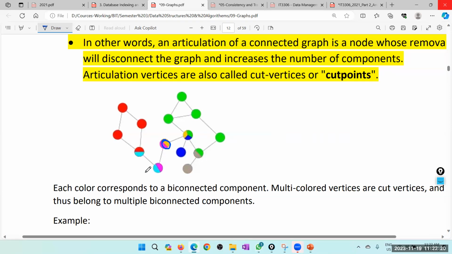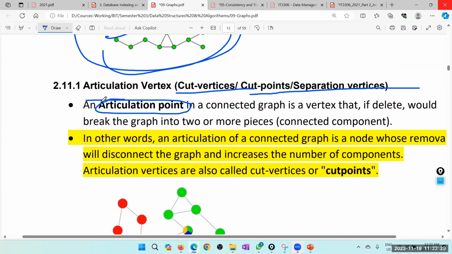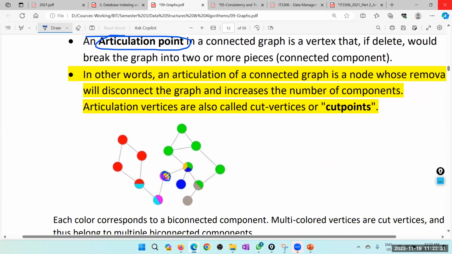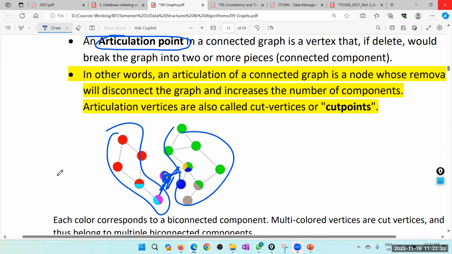So your graph becomes two components. Those types of vertices are called cut points or articulation points. For example, if you remove this, this edge and this edge are also removed, and now it is two separate components, two separate graphs. So therefore, this is a cut point.